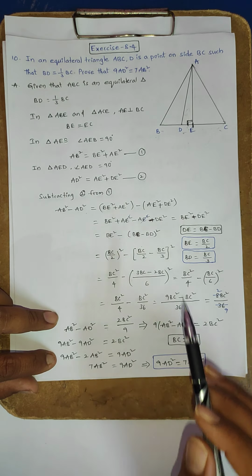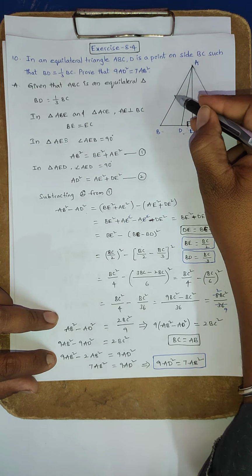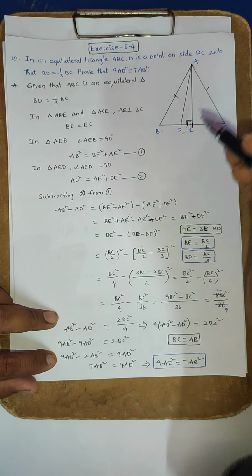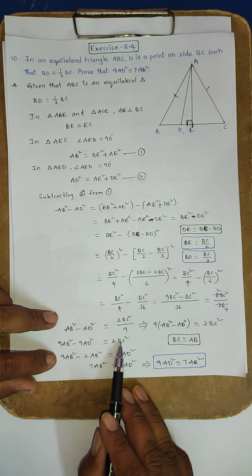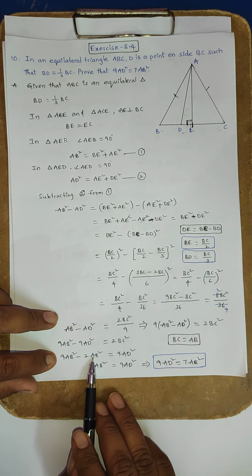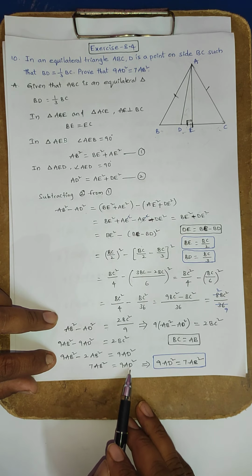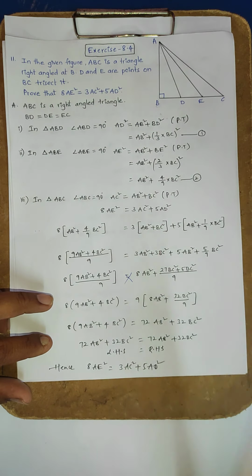BC is equal to AB because this whole is an equilateral triangle, all three sides are equal. In place of BC we can write AB: 2 AB square. 9 minus 2 is 7, so 7 AB square is equal to 9 AD square. Hence we proved what was asked in the question.